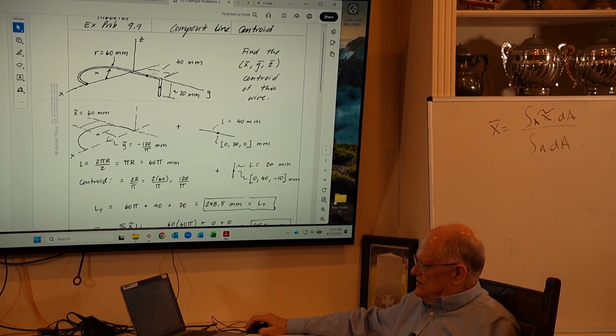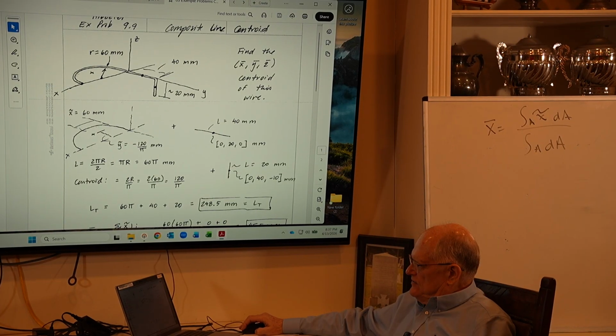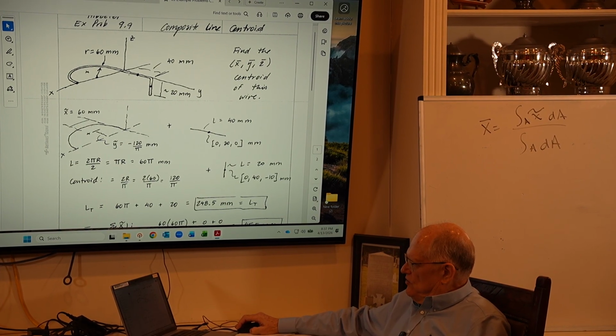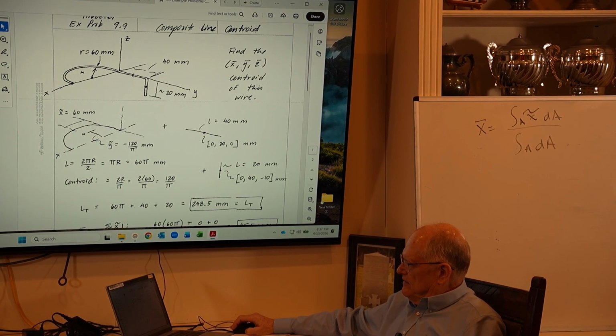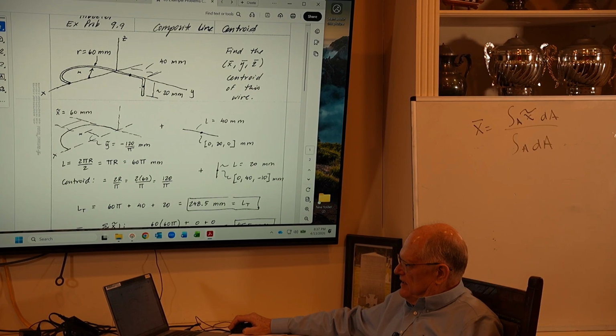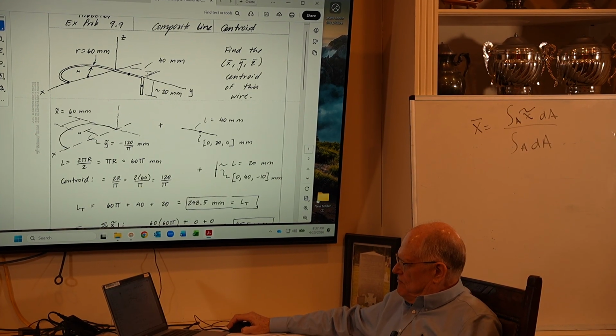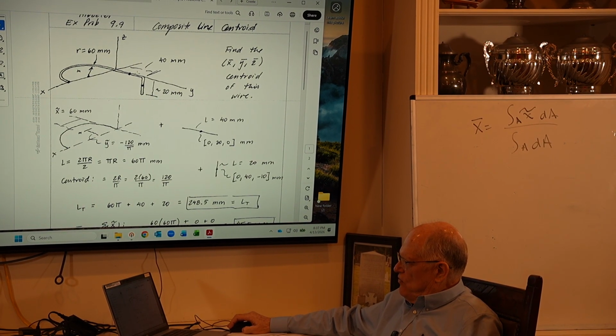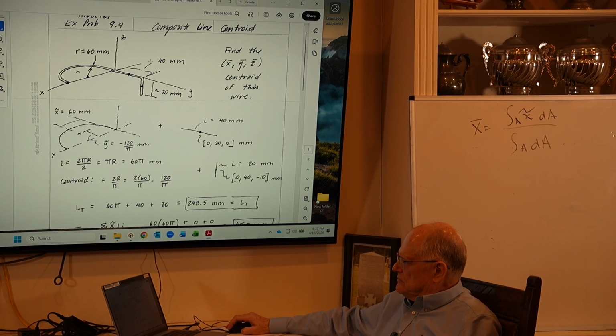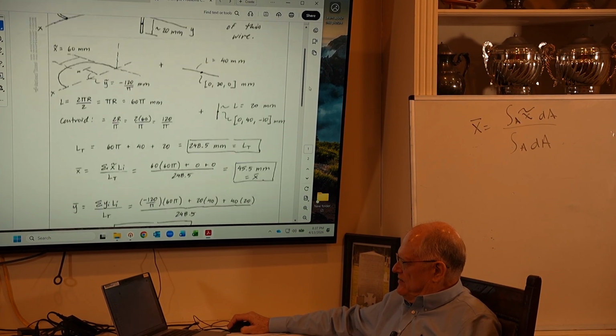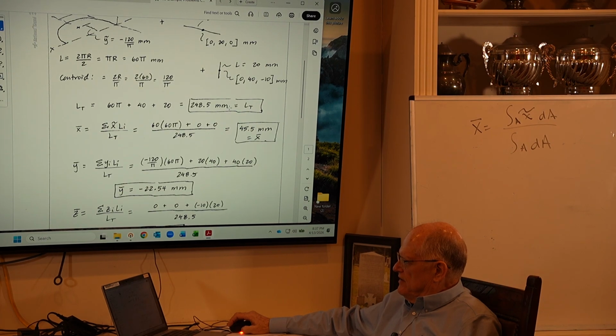For this one, the center of that line is 0 in the x, 20 in the y, and 0 in the z. And the centroid of this one is 0 in the x, minus 10 in the z, and 40 in the y. Once you get the three lines, you sum the lengths to get the total length.